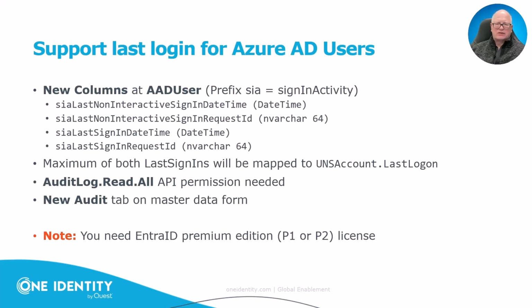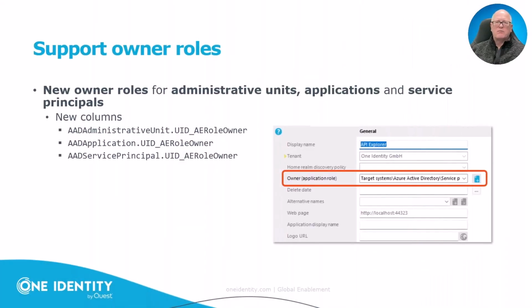And last but not least, to see all of that, a new tab was just inserted into the main data form in the Manager, which is the audit tab. And again, the typical hint: all of that works only if P1 or P2 as license type is available.